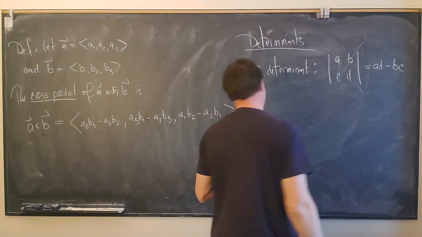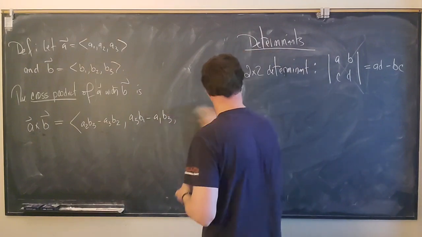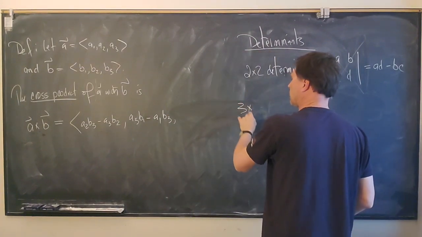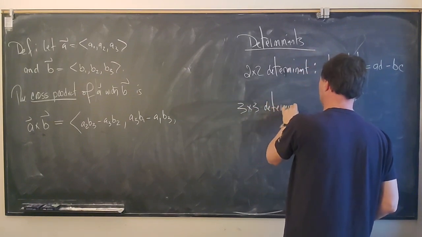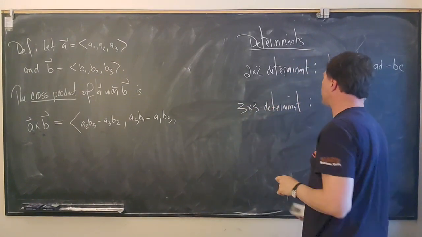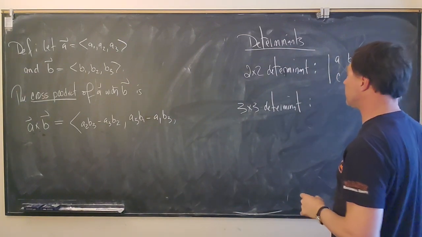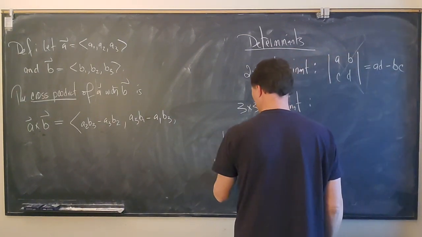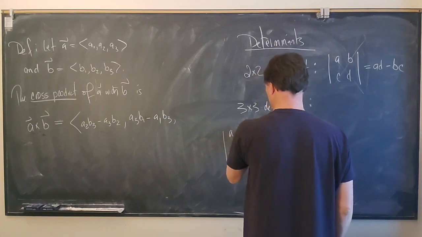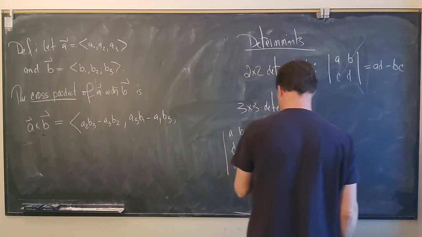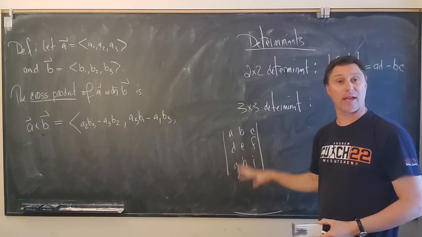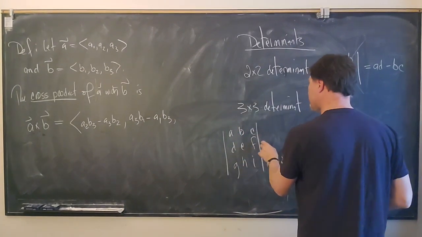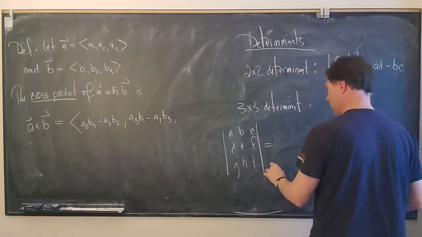Now there's a 3x3 determinant. I wish I wouldn't have erased that, but that's all right. To compute a 3x3 determinant, you need to know how to compute a 2x2 determinant. And so let's set up now A, B, C, D, E, F, G, H, I. So now if we have 9 numbers arranged in a square-like fashion like this, the 3 by 3 determinant is computed as follows.